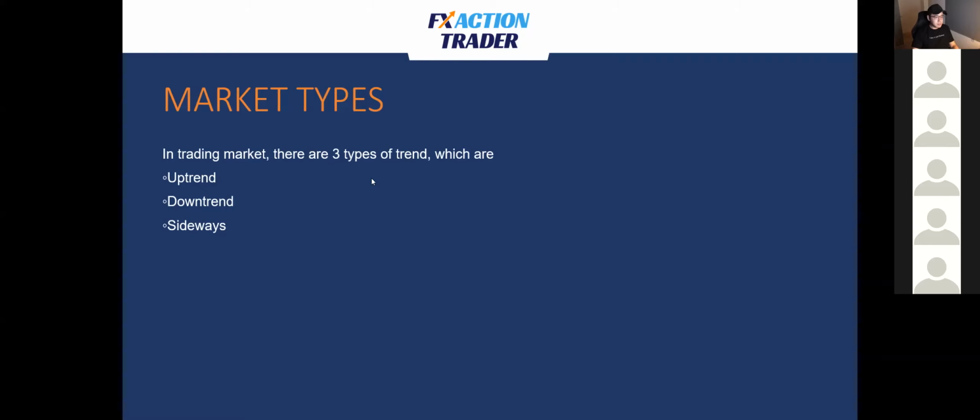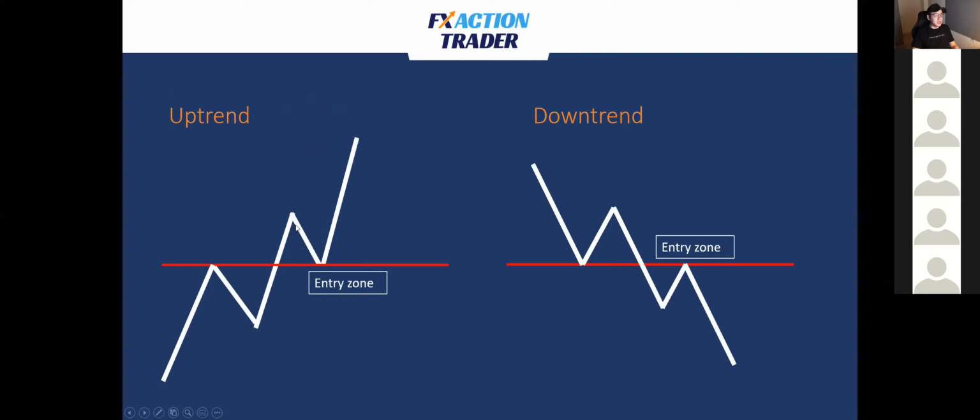All right. So in an uptrend, what are we going to see? We're going to see a lower high, higher high, lower high, and a new high. And we do not enter here. Why?